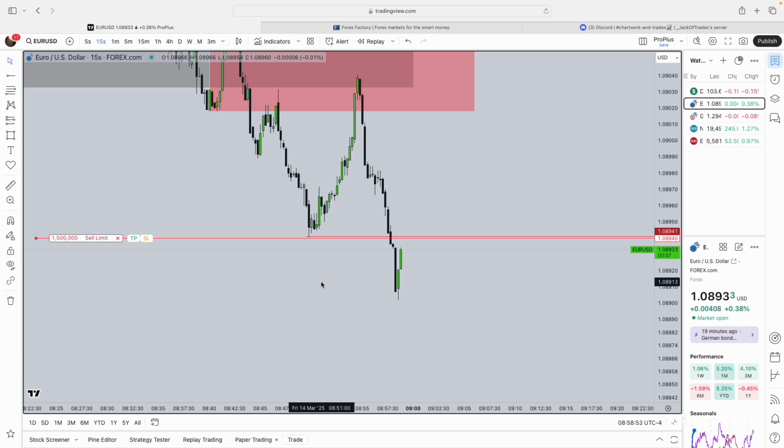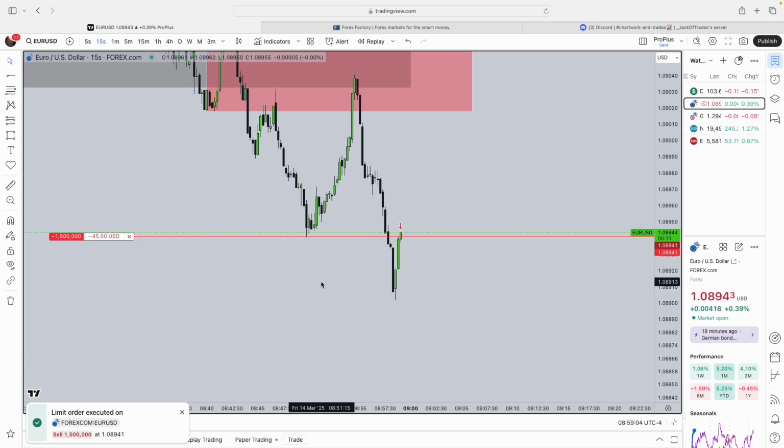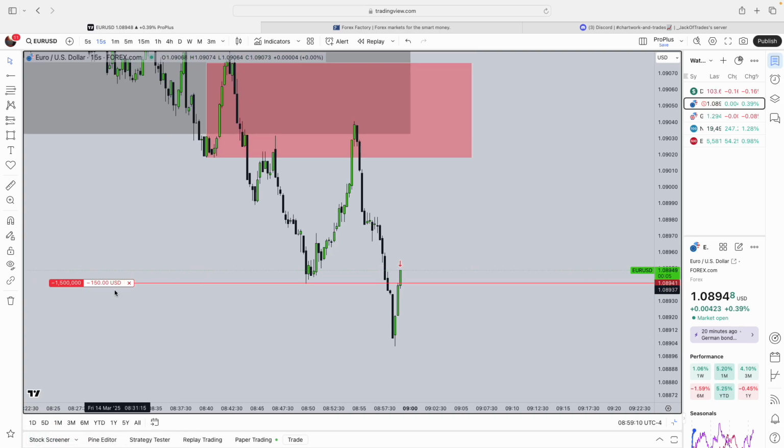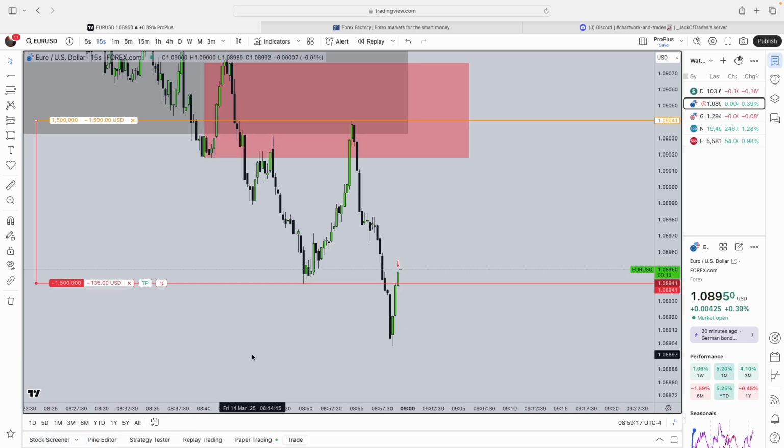I'm going to pull up my phone as well to see if it actually taps into it. Entered there. Stop is 10 pips, pretty sure. 9041.